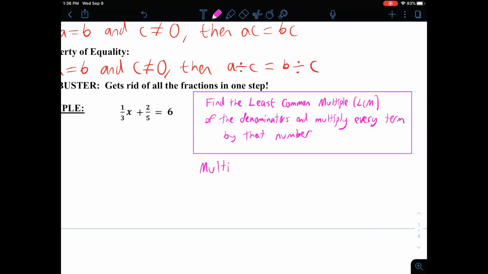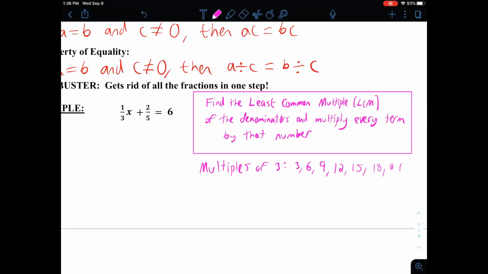Well, if you recall, so if we do multiples, the two denominators we have here are 3 and 5. So multiples of 3 is when you count up by 3. So we have 3, 6, 9, what else we got? 12, 15, 18, 21. Remember that?